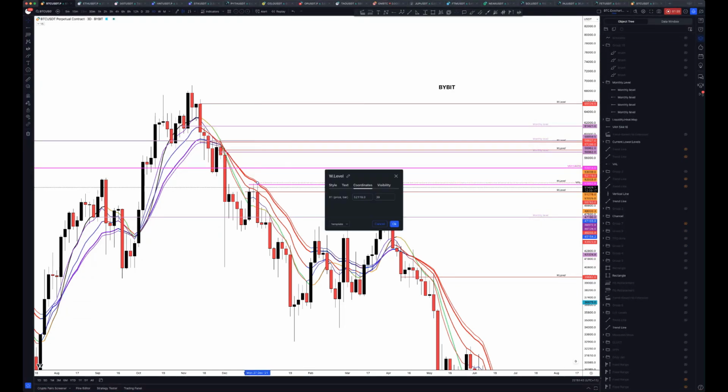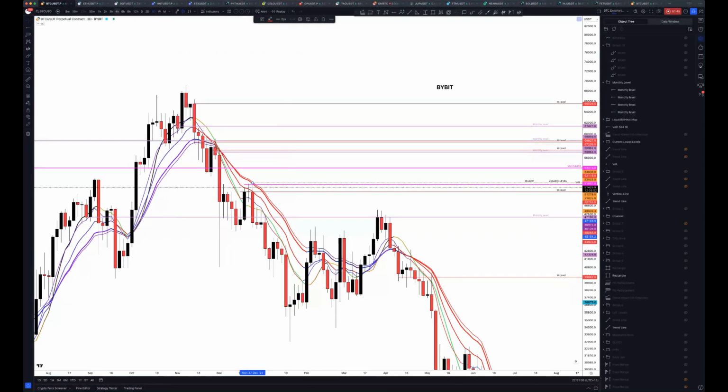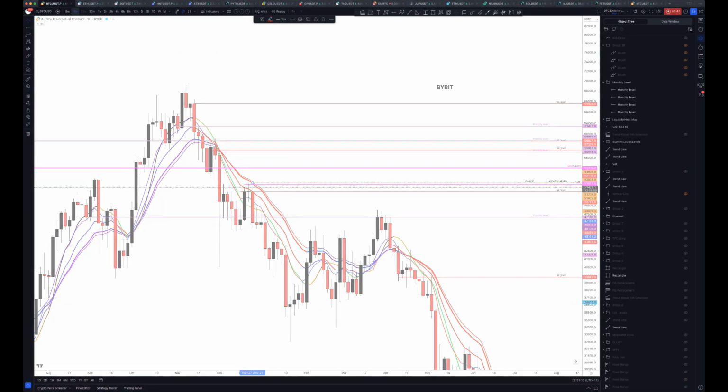So we can add that as liquidity as well. Dotted lines. So we've already got that established. Back to our small time frame.